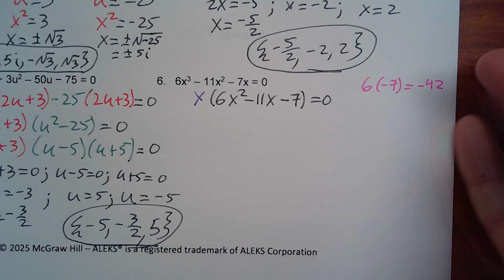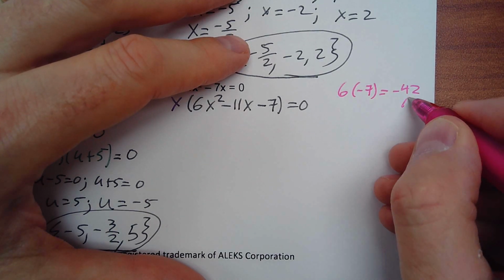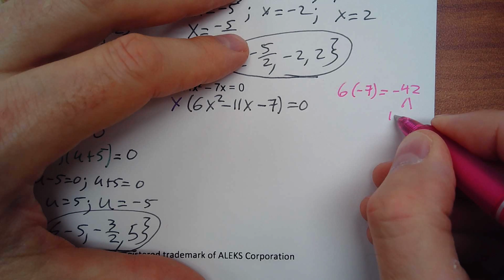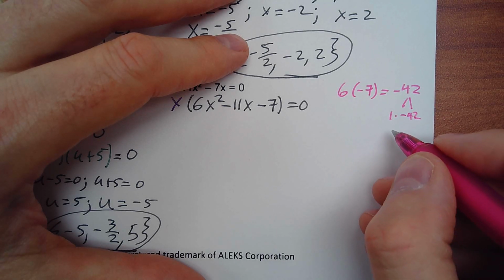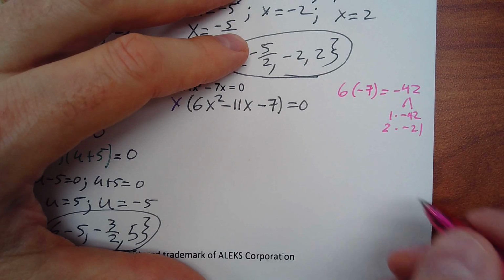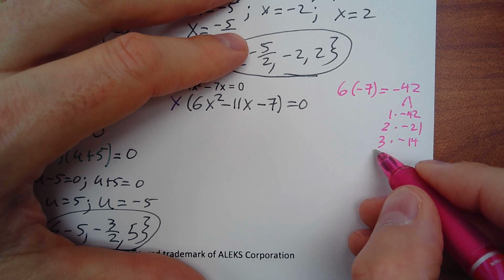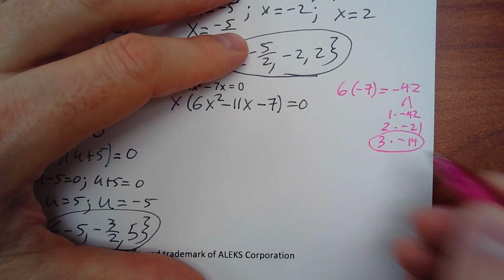And I have to find factors of negative 42 that add up to negative 11. So 1 times negative 42, that's negative 41. 2 times negative 21, that's negative 19. 3 times negative 14, that's negative 11. That's the combination I want.